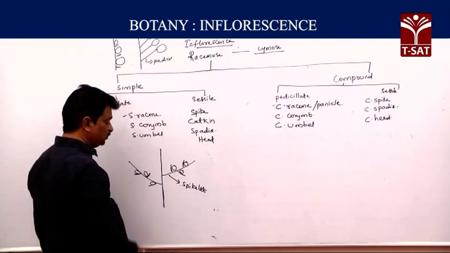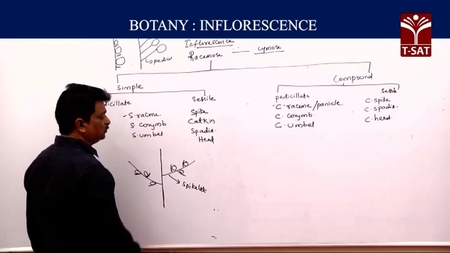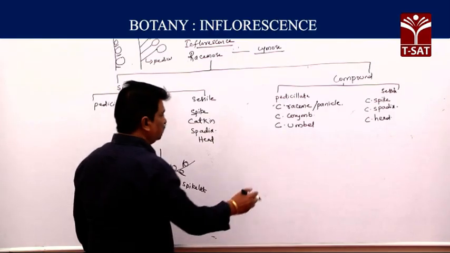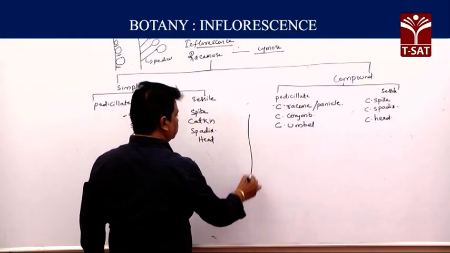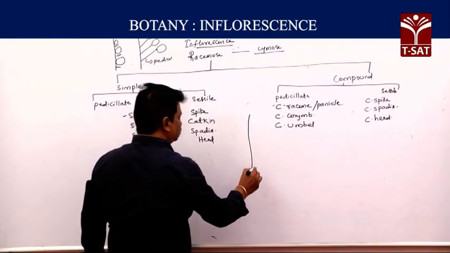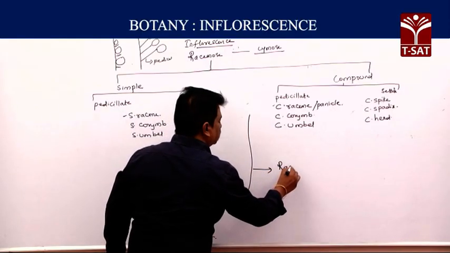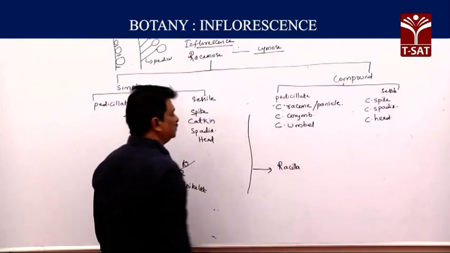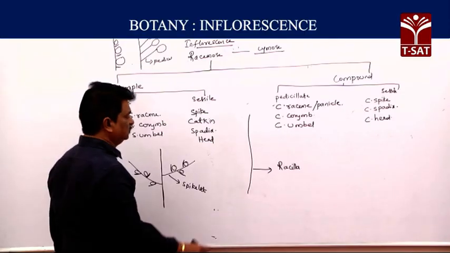So each branch produces a limited number of flowers. Each such branch is called a spikelet. So here is a description of the structure of a spikelet. In the spikelet there is an axis. That axis in the spikelet is called rachilla.